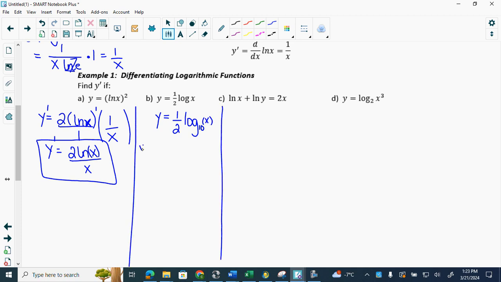So if I want to do y prime, what did I tell you? If there's a coefficient, what do we do with the coefficient? Just comes along for the ride, correct? So if there's a coefficient, it just comes down. So I'm going to get 1/2, and then I have to do the derivative of log base 10 of x.